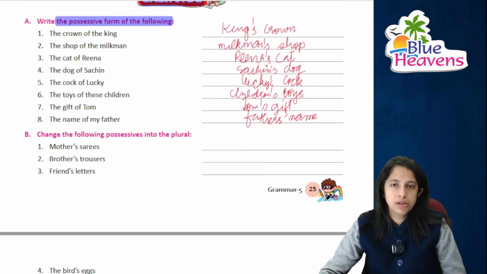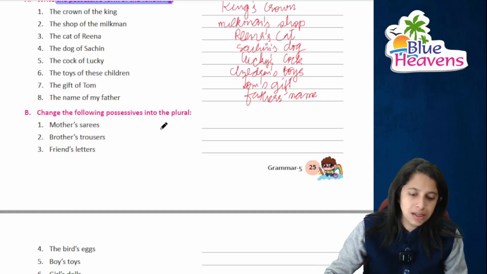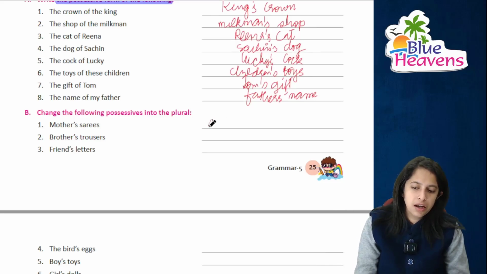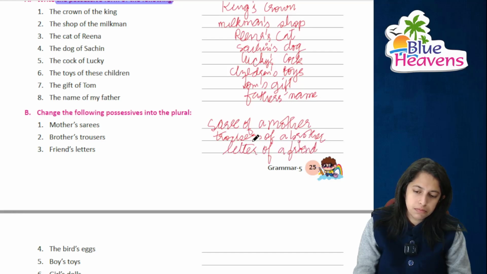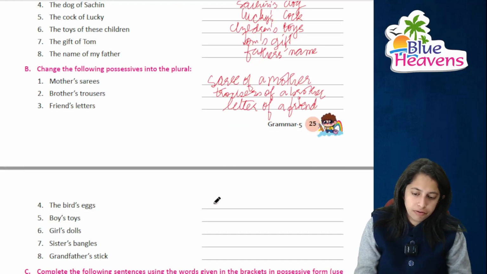You have to change the possessiveness into of form. जैसे कि mother's साड़ी, आप लिख सकते हैं साड़ी of a mother. Brother's trouser, it is the trouser of a brother. Friend's letter, that is letter of a friend. The bird's egg, that is egg of the bird.